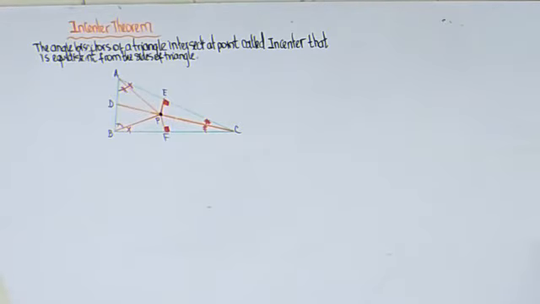Okay. And the name of that intersection point, the point of concurrency, is the circumcenter of the triangle.